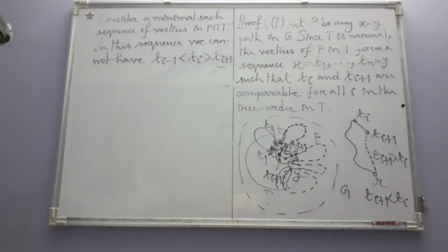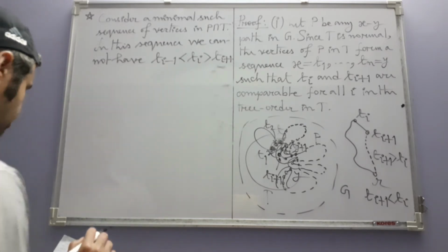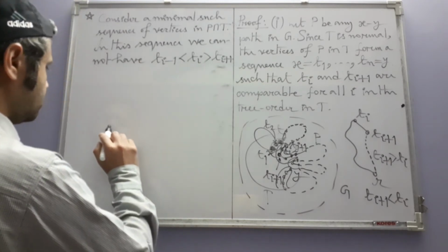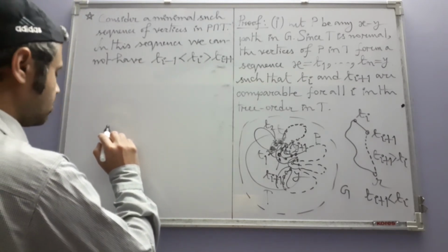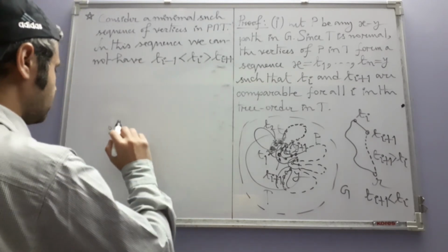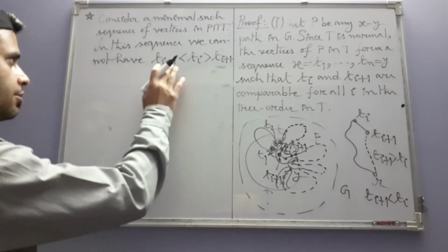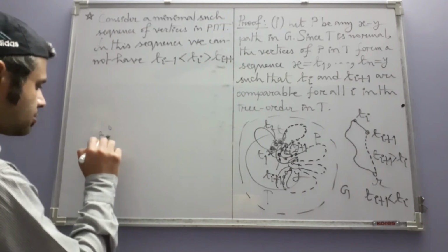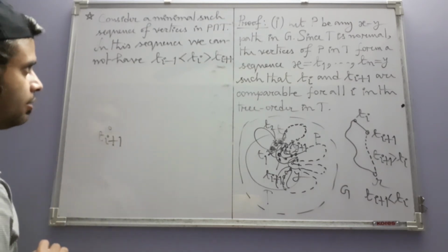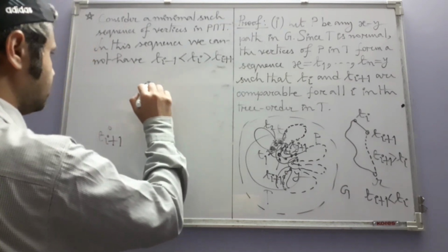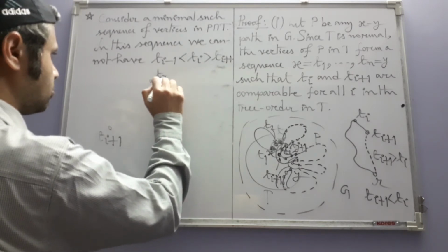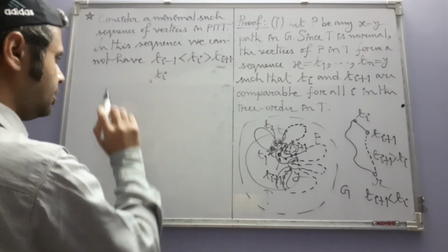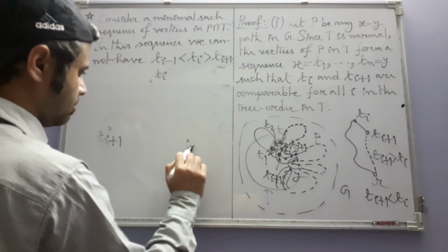Why? Let me show you why. You see, say you have such a situation. Ti minus 1 is less than Ti and Ti is greater than Ti plus 1.